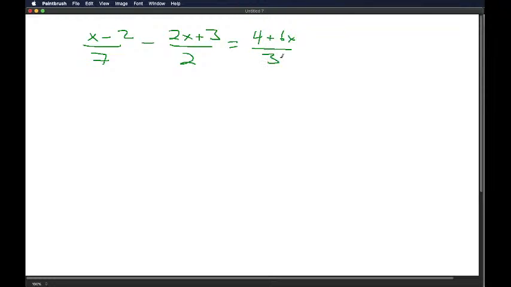Try this on your own, okay? x minus 2 over 7 minus, here's a tricky one, I love this one, (2x plus 3) over 2 is equal to 4 plus 6x over, let's make it 3 in this case. So here's a tricky one. Try this one here.